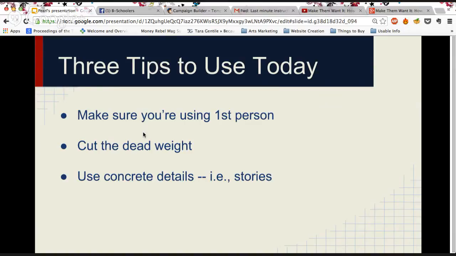But if I say, when I was 10 years old, I moved across the country, then I'm reconnecting with the emotions and the history of myself, and I'm sharing it from a more real and authentic place. And the more that I can share of that, the closer I'm going to get to connecting with my audience.